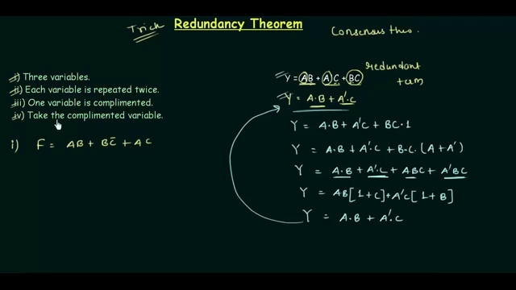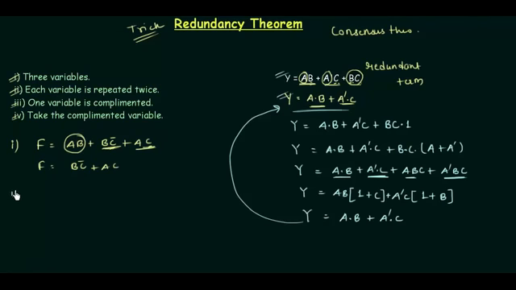The third case is one variable is complemented and c is complemented, whereas b and a are not. Take the complemented variable, that is c. So the reduced function will be b c complement, or a c. A and b is omitted.